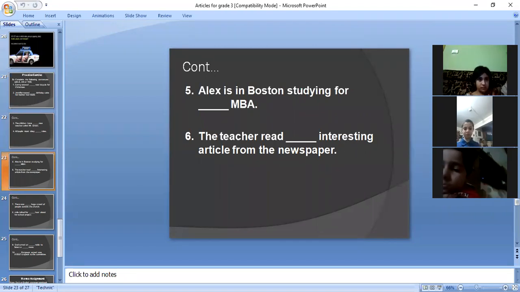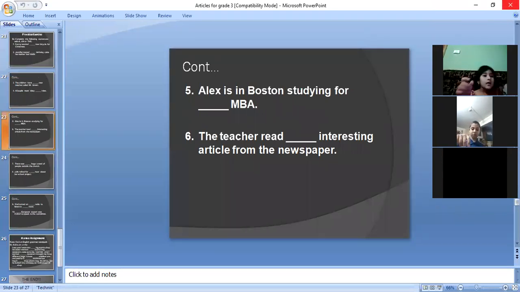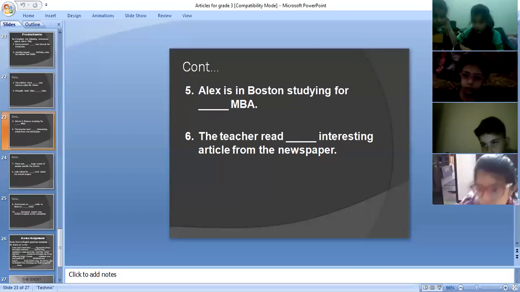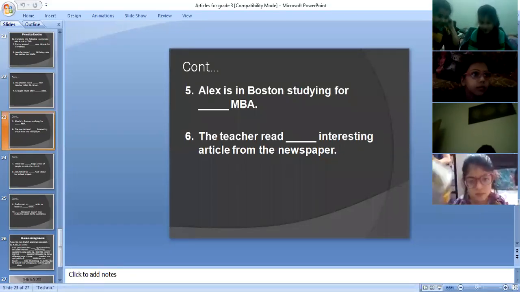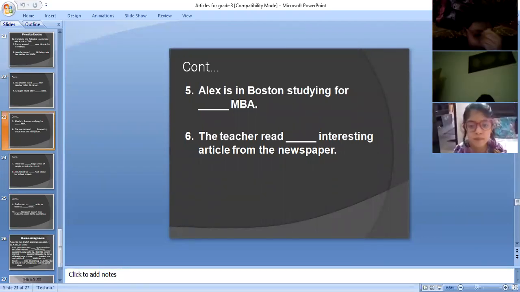What will come here? Okay, A will come here. MBA. M is a consonant letter and it is giving us the "em" sound.